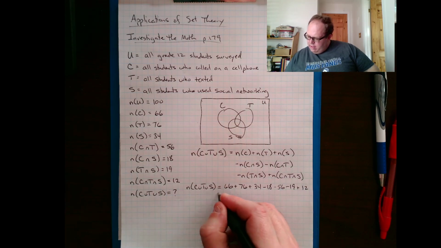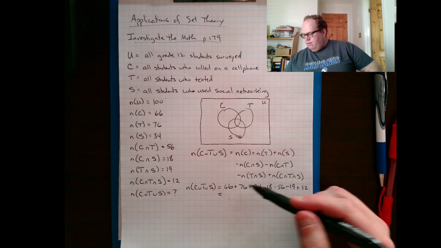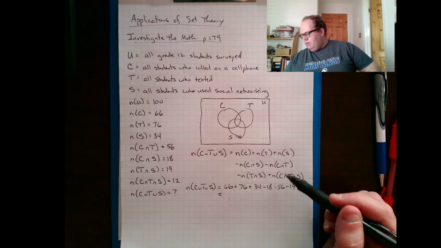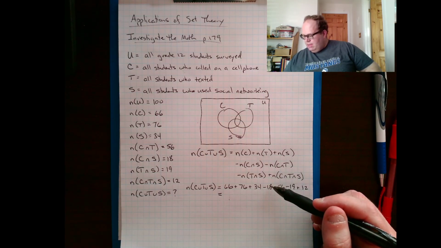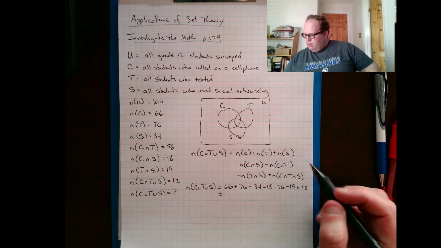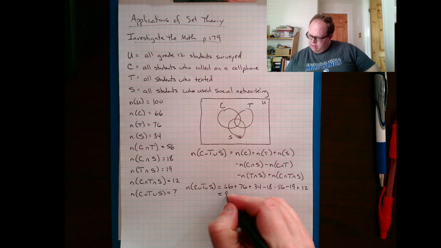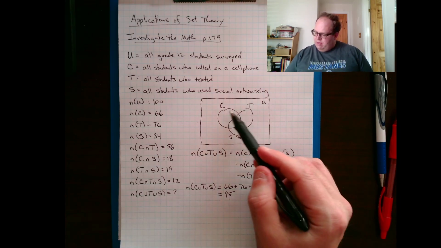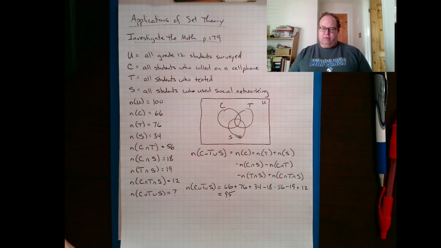If I work that all out, 66 plus 76 is 142, 142 plus 34 is 176, 176 minus 56 is 120, 120 minus 18 is 102, 102 minus 19 is 83, 83 plus 12 is 95. Which seems to imply to me that 95% of students used at least one of these methods to communicate with people in the last week.